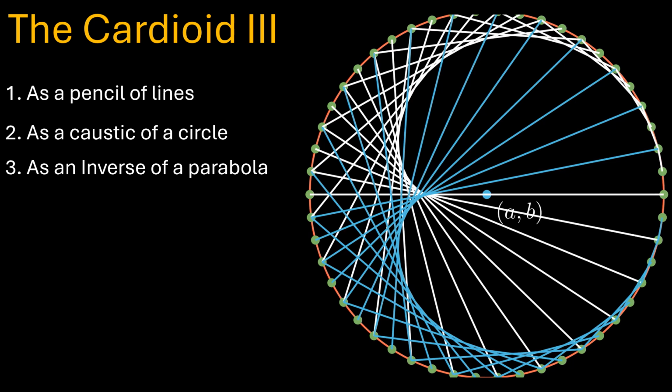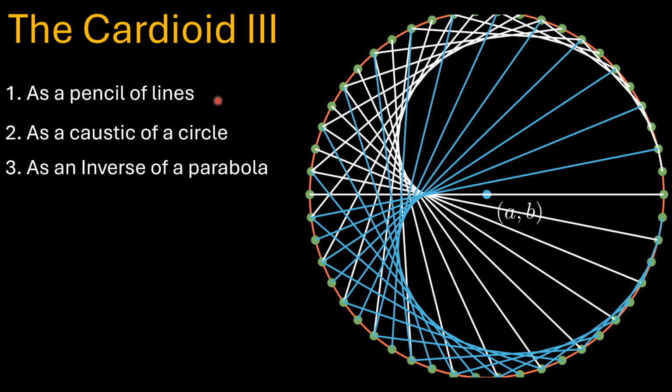So this is the third session on the topic of the cardioid, and today we'll look at the aspect of a cardioid being just a locus that is generated by a pencil of lines, and a pencil of lines is simply the point where lines meet each other.